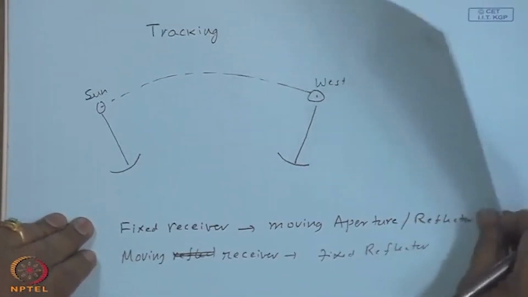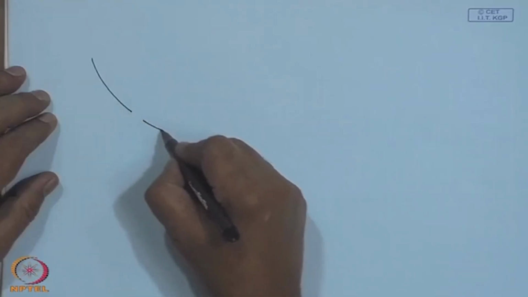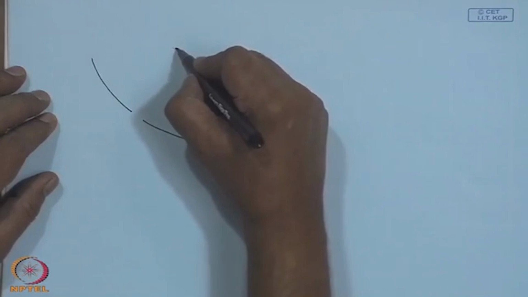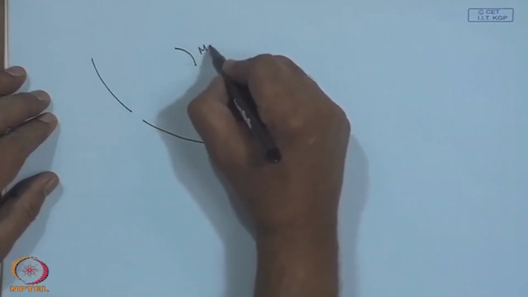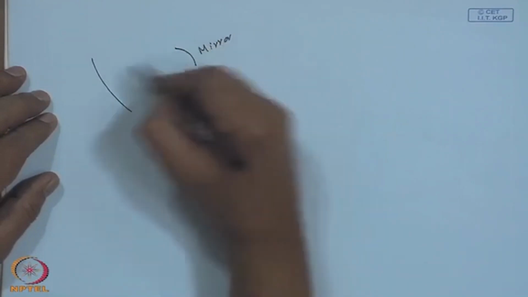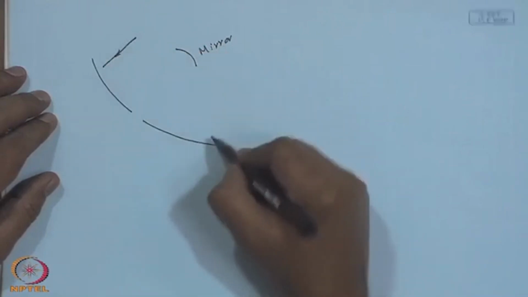And there is one more configuration one can think of, so that one does not come in the way of reflected sun's rays. Let us say it is a paraboloidal, and this is a mirror, this is also a mirror.